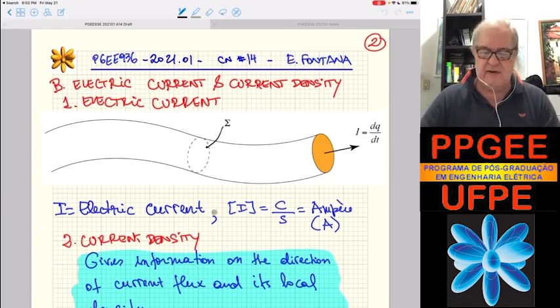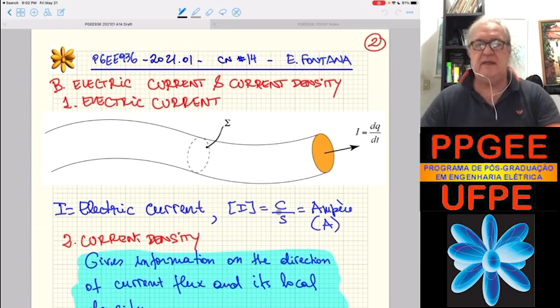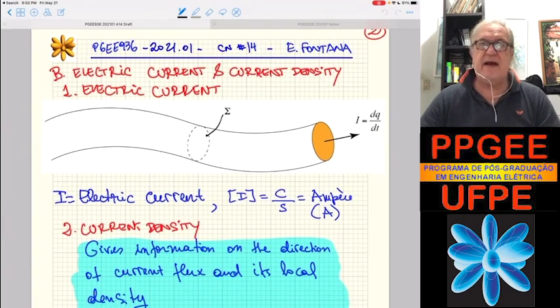This is called the electric current and is measured in coulomb per second, which is the SI definition of the ampere. That's a macroscopic equation. Current is a scalar quantity, it just specifies how much charge flows through a cross section of the material. It doesn't specify the direction of a free carrier moving in the solid.